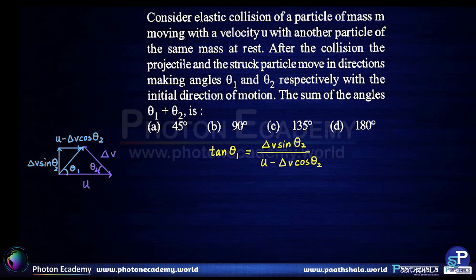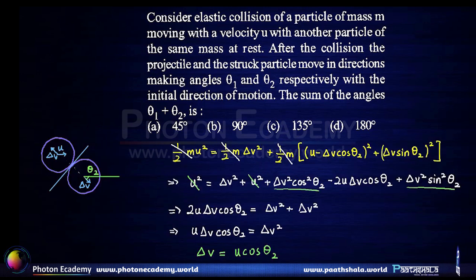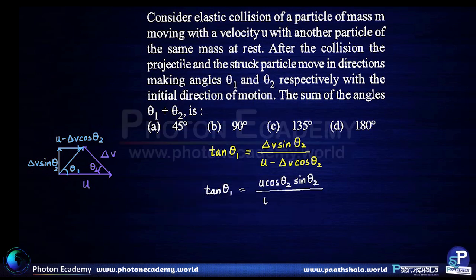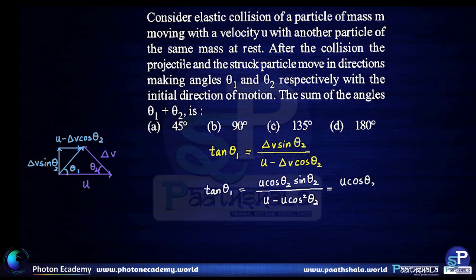But as we already saw, delta v is u cos θ2. So we can just substitute that in this equation. tan θ1 is equal to u cos θ2 sin θ2 by (u minus u cos squared θ2), or this is equal to u cos θ2 sin θ2 divided by u sin squared θ2.